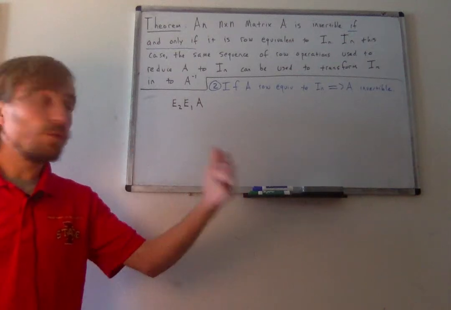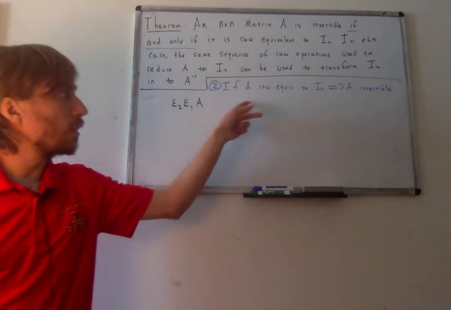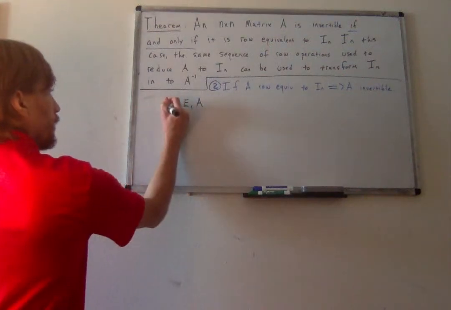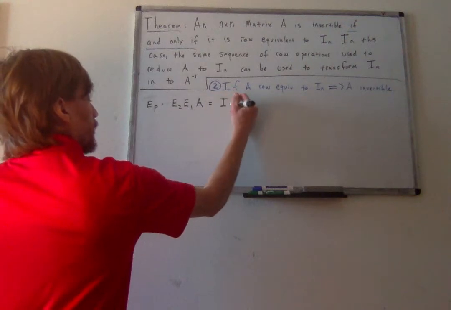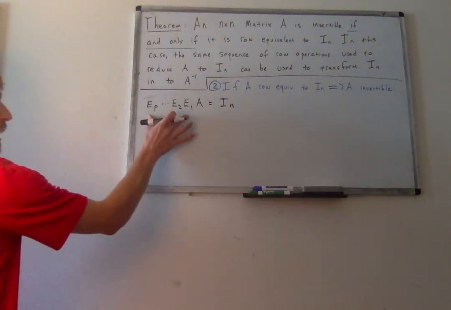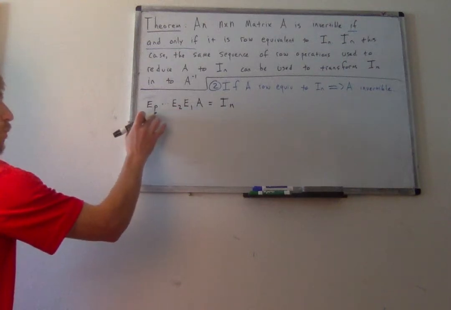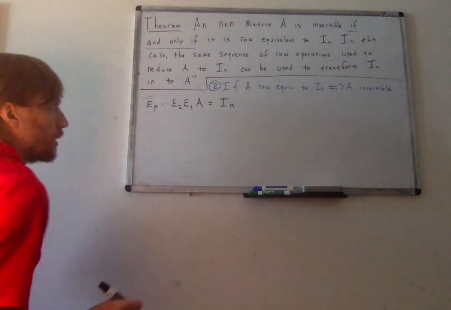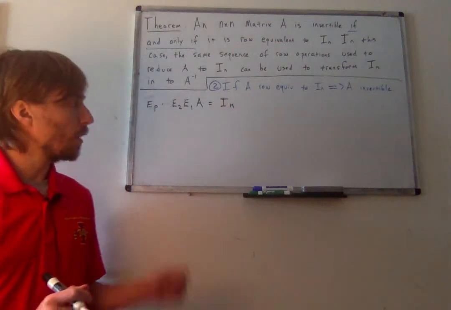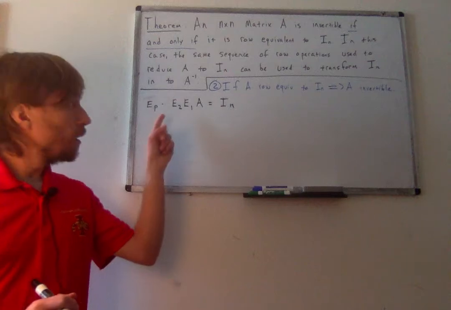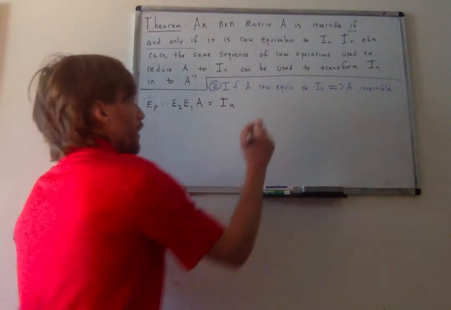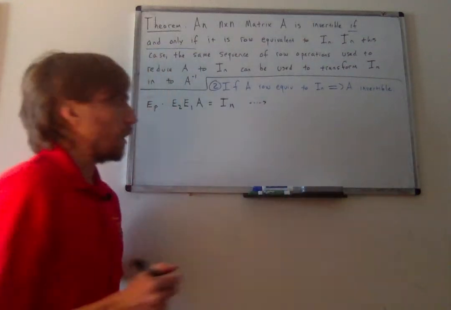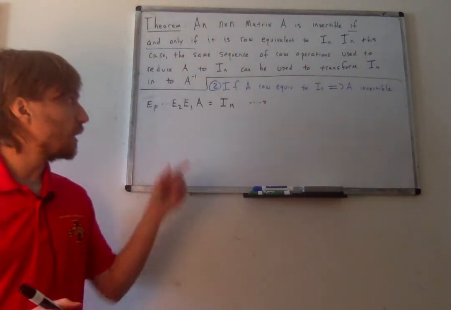Let's say I performed all of the necessary row operations to get to In. I'd get something that looks like this. I'd have multiplied A consecutively by P elementary matrices corresponding to each of the row operations needed to row reduce A to the identity matrix. Next, remember that each one of these elementary matrices is invertible. We're going to use this fact, and I will discuss it a little more in the next video.